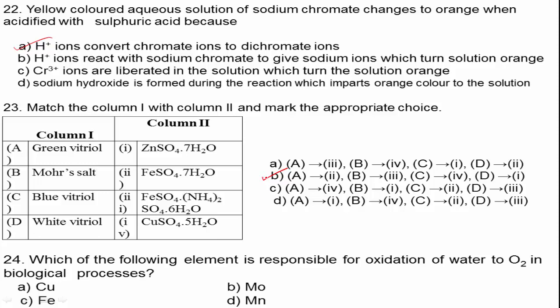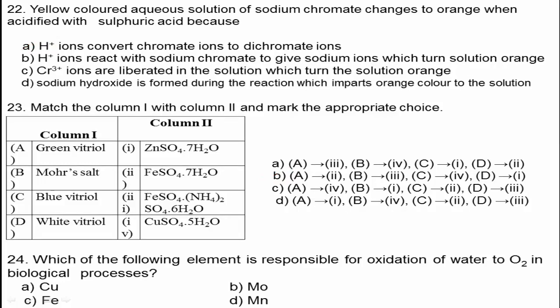And Mohr salt means a double salt. It contains ferrous sulfate and ammonium sulfate also. Therefore, Mohr salt's correct combination is FeSO4 (NH4)2SO4 6H2O. Blue vitriol means crystalline salt of CuSO4. Therefore the correct answer for this question is B.